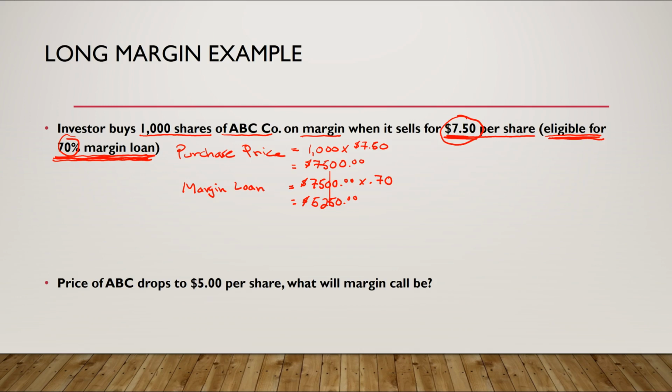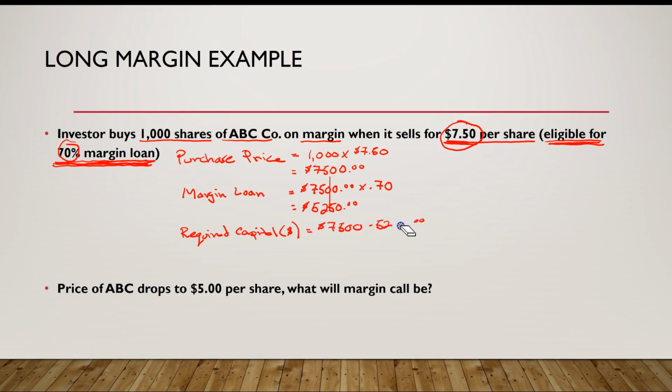So we have this loan of just over $5,000, but a purchase price of $7,500, which means that the required capital, my own money that I must put up, is going to be equal to $750.